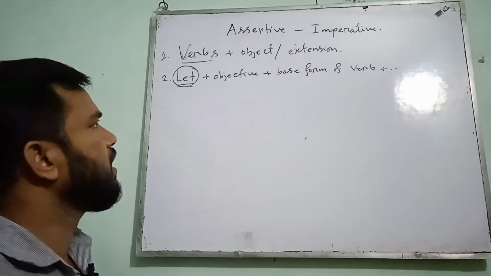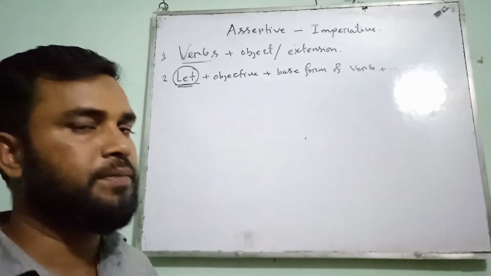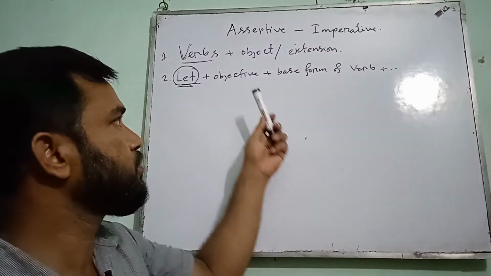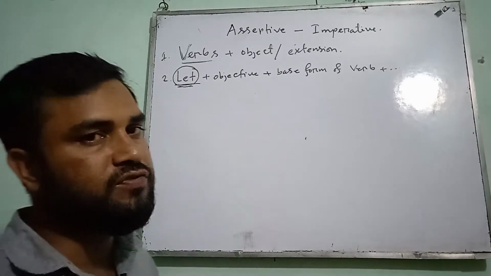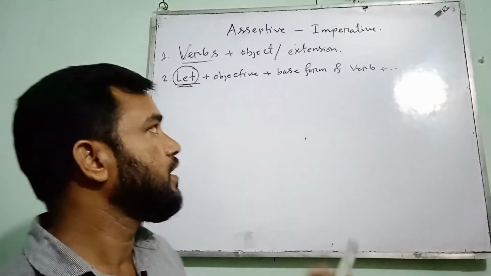Let, object: you have to write "let" at the beginning of the imperative sentence. Then you have to write the objective form of the subject of the assertive sentence.